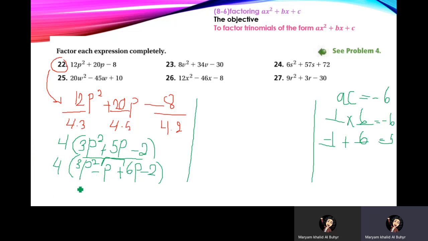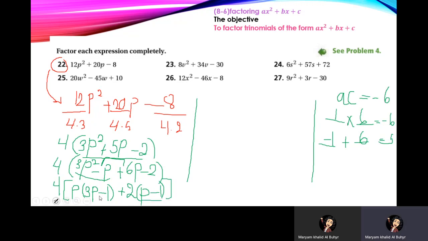So let me continue. Now I will leave 4 outside. Now between these two, p is the common factor, and the remaining inside is 3p minus 1. While here you can take 2 between them, right? Because 6 you can factor into 3 times 2, so you can take 2 outside and inside p minus 1.